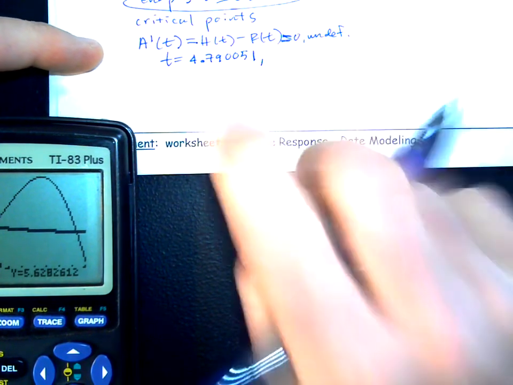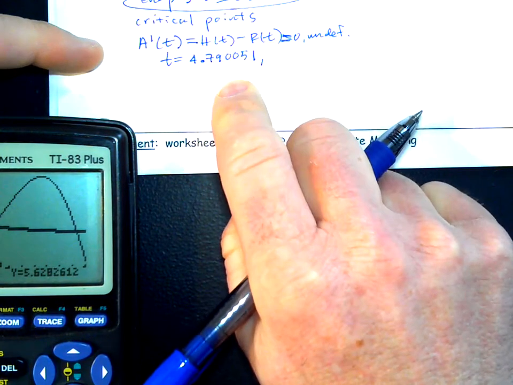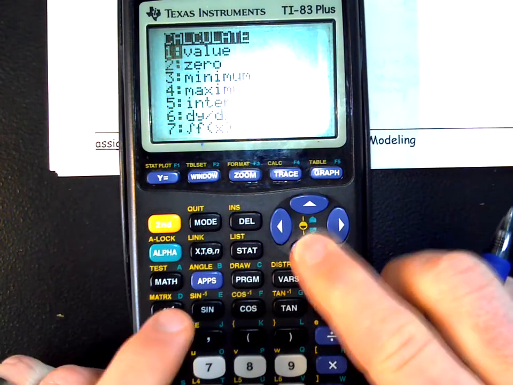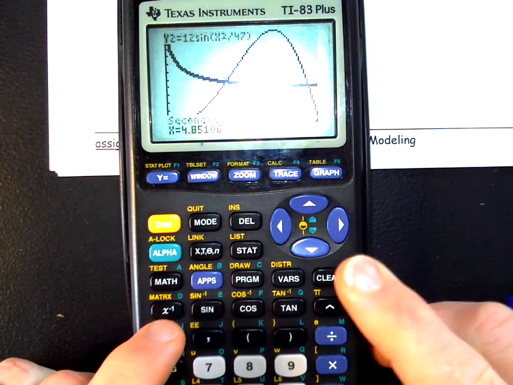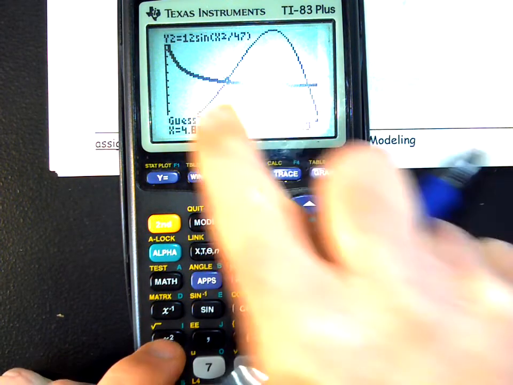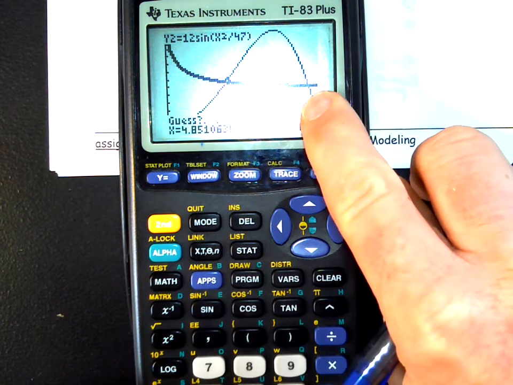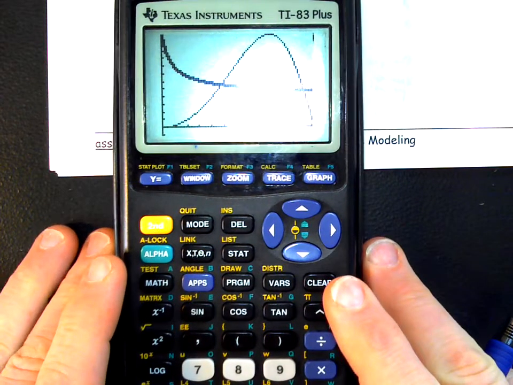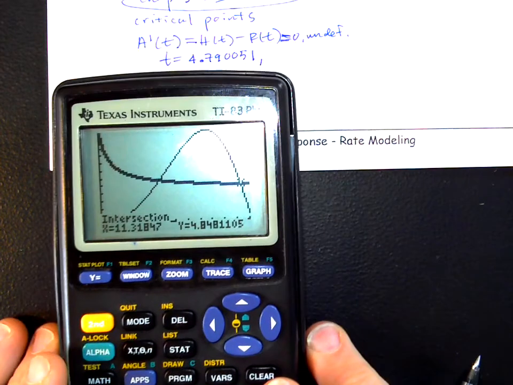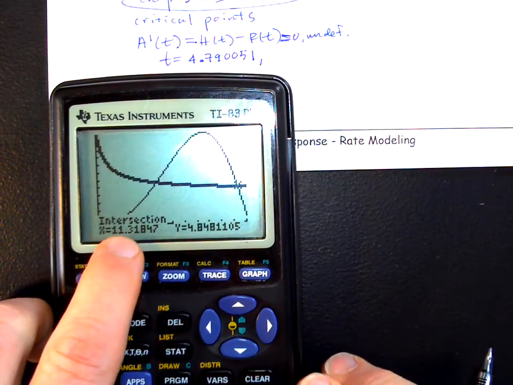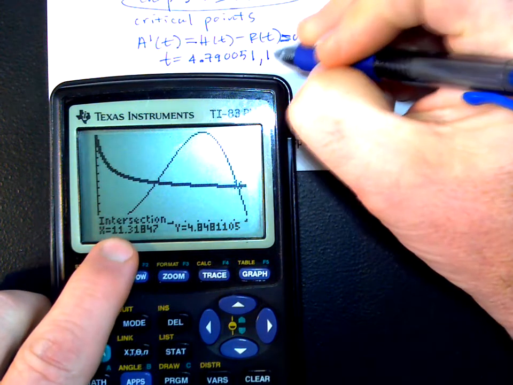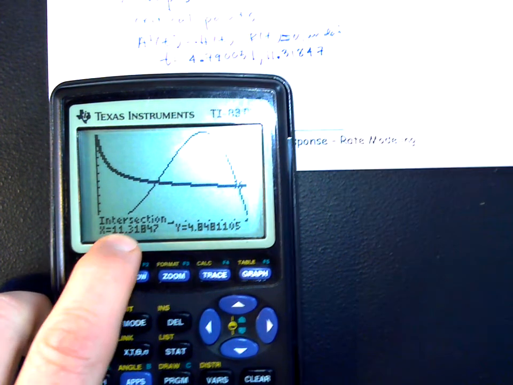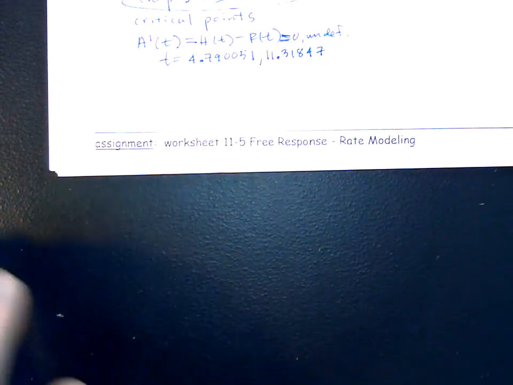I'm carrying extra decimal places because we're going to use this in a future calculation. Second calculate, number 5, intersect, first curve, second curve. Now you could also enter a number in. This is 0 to 12, so that looks like it's around 11. So you could just type 11 in instead of wasting time moving the cursor over and over and over. And it's this x coordinate right here, that's the time, 11.31847. Okay? And so those are your critical points.